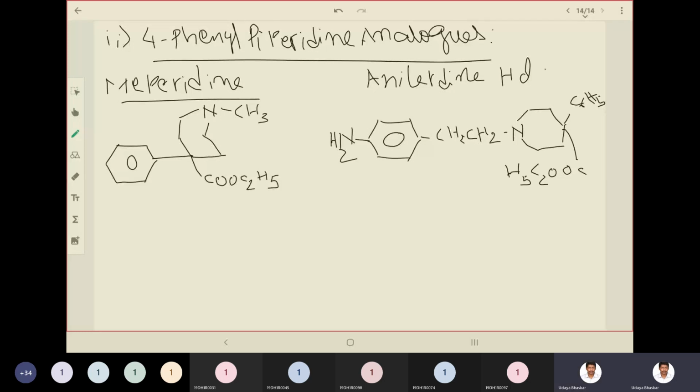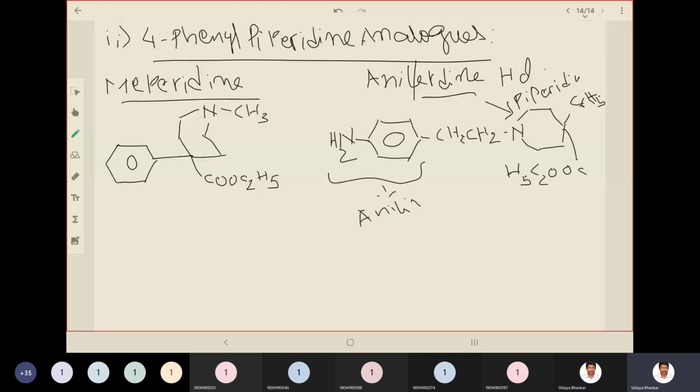So this is the structure of anileridine, where you have aniline and you have piperidine, because it doesn't have double bonds. This is piperidine. This is aniline.